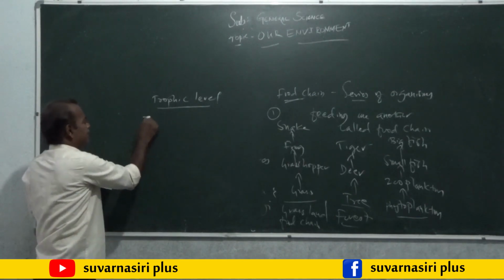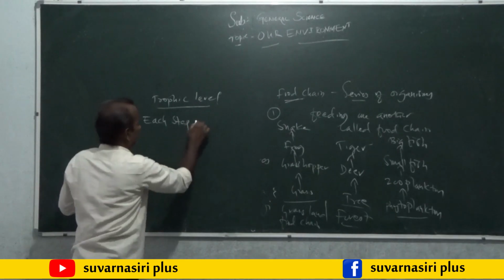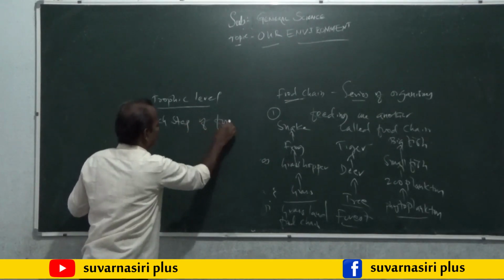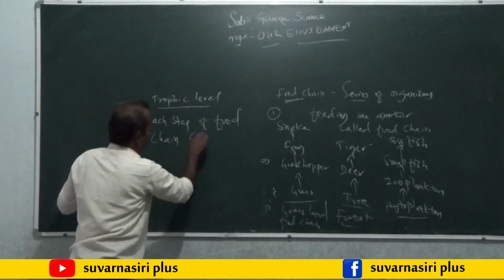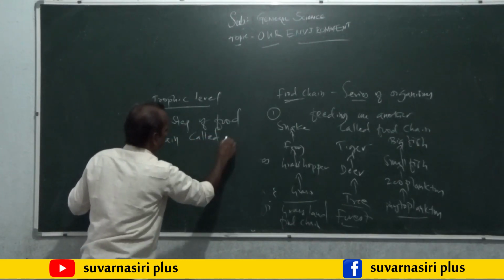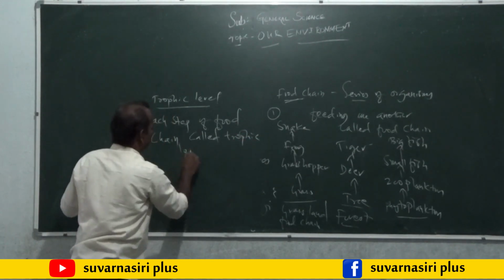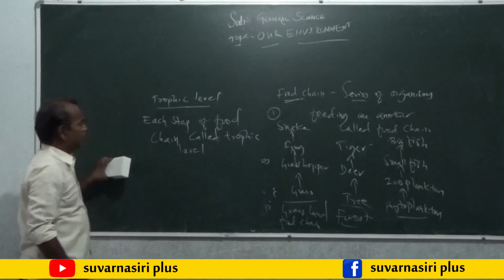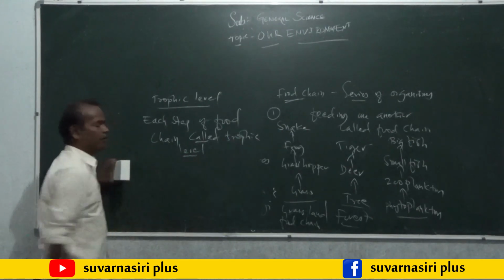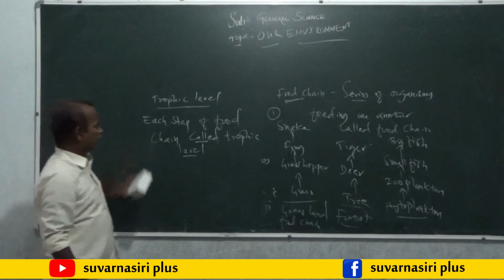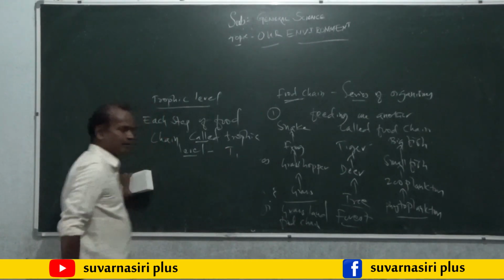Each step of a food chain is called a trophic level, or each step in the food chain where the transfer of energy takes place is called a trophic level. And this trophic level can be denoted as T1.